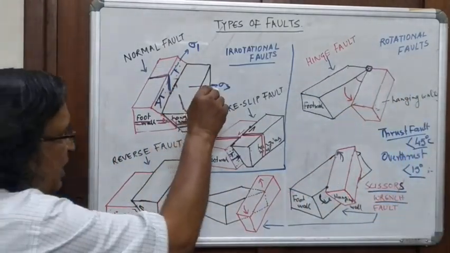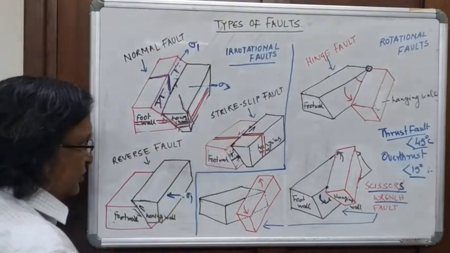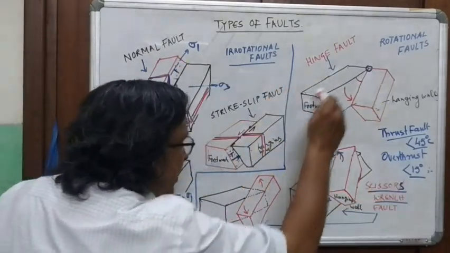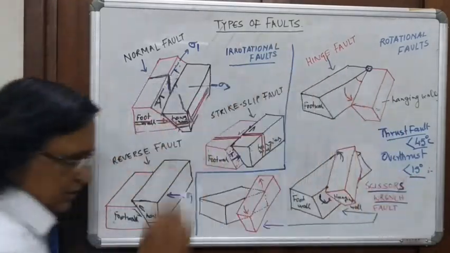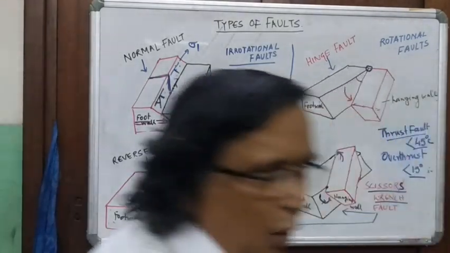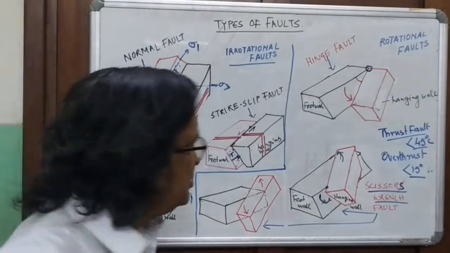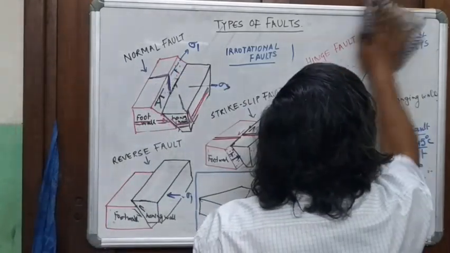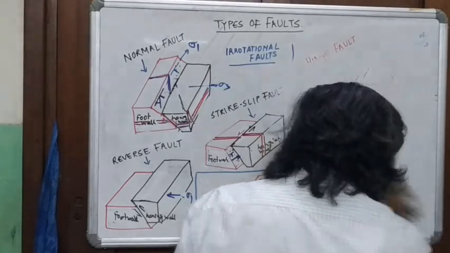In irrotational faults, there are three types: normal fault, reverse fault, strike-slip fault. Rotational faults are two types: hinge fault and scissors fault. Now just before she draws the diagram of an oblique slip fault and shows you the different features of the fault plane, I just wanted to say this.